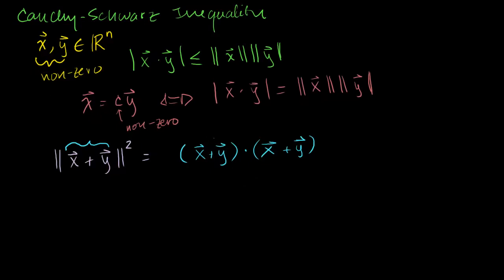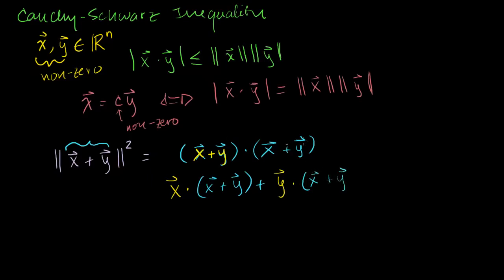So this can be rewritten as x dot x. Actually, let me write it as a distributive property, because that's sometimes not obvious to a lot of people. Let me write this x as a yellow x, and this whole term as x plus y. So this can be rewritten as x dot this x plus y, plus this y dot x plus y.